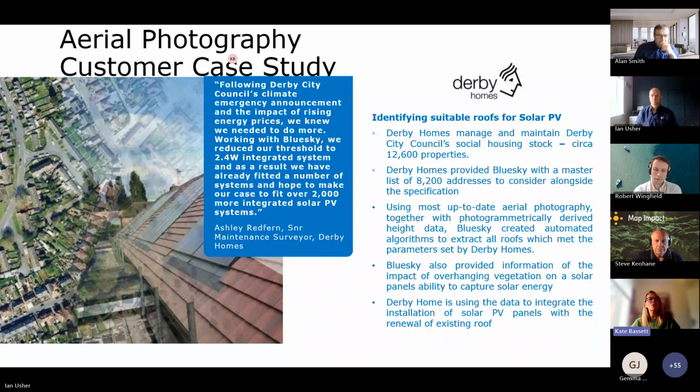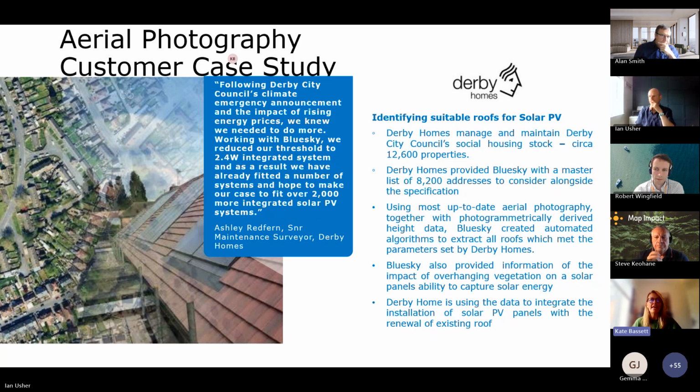There we go. Just a quick look at a case study of our imagery here. This is with Derby Homes, and it's a great case study on how they were using our imagery to fight against climate change. Derby Homes is using Blue Sky's aerial photography to identify suitable roof coverings for integrated solar PV systems across their housing stock.